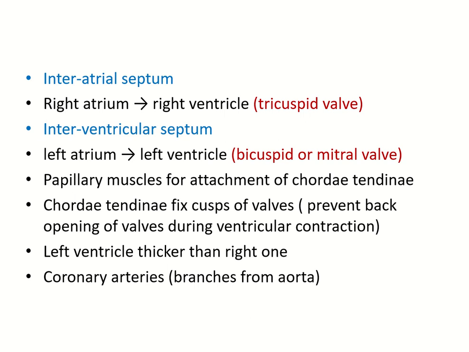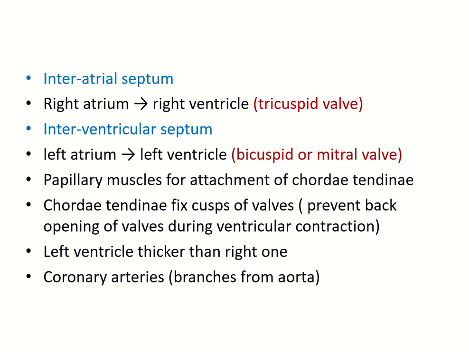Now, within the human heart, the right side of the heart is completely separated from the left side by an auriculoventricular septum. Actually, the right atrium and left atrium are separated by the interatrial septum, while the right ventricle and left ventricle are separated by the interventricular septum.